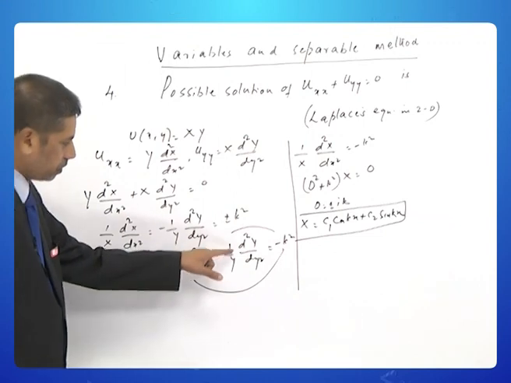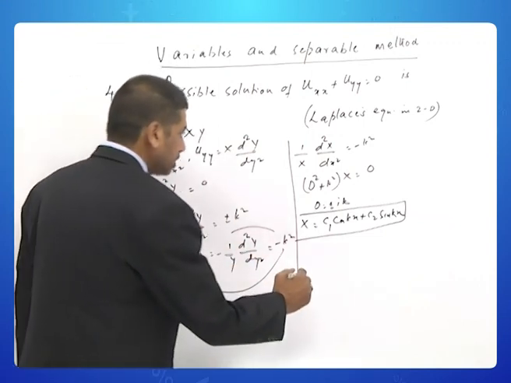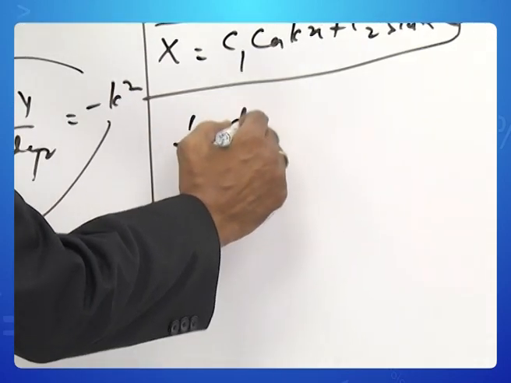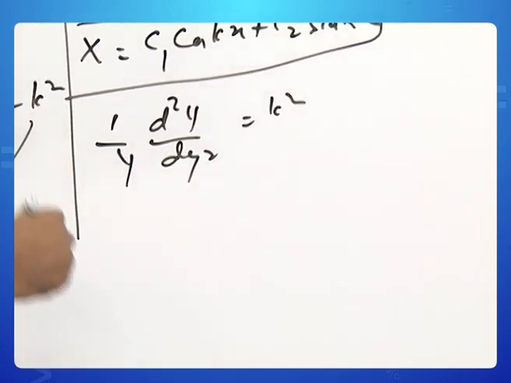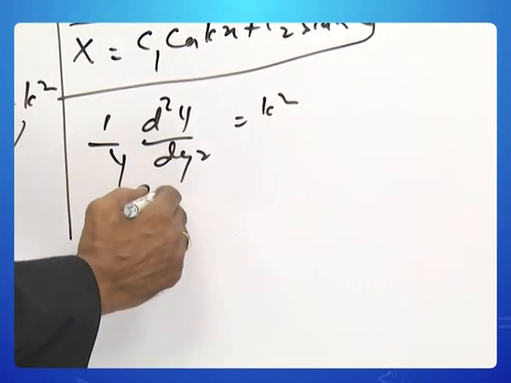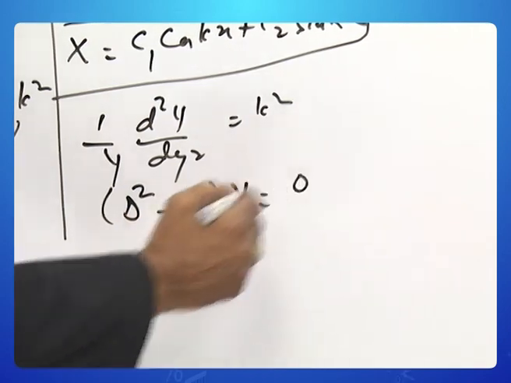On the other hand, when you take minus 1 by Y d square Y by dy square is equal to minus k squared, you will have 1 by Y d square Y by dy square is equal to k square. Adjust the terms. Now, you will have the differential equation D square minus k square into Y is equal to 0.